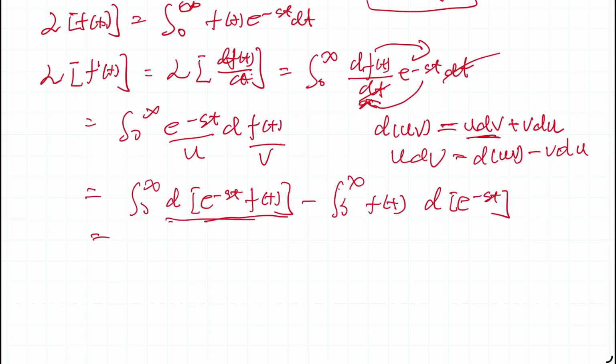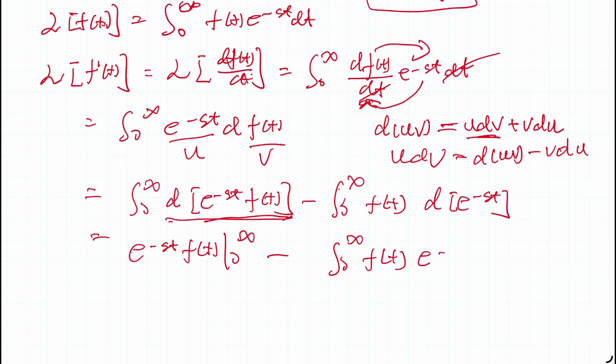You have a derivative term here, then you integrate, so you get this term back. So what you get is e^(-st) f(t) from 0 to infinity, minus the integral from 0 to infinity of f(t) d(e^(-st)). After taking the derivative of e^(-st), you need to take care of the exponent term, so you get a minus s back.